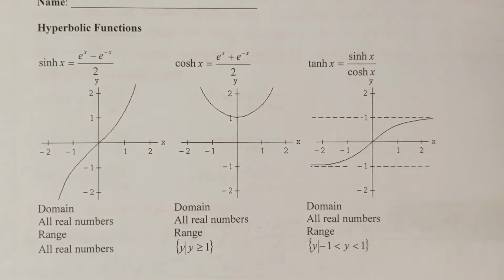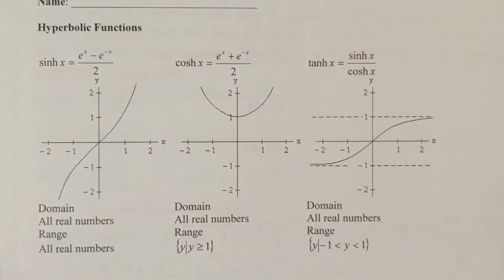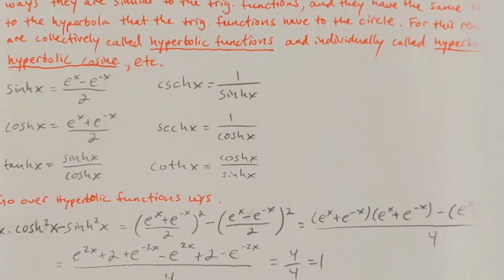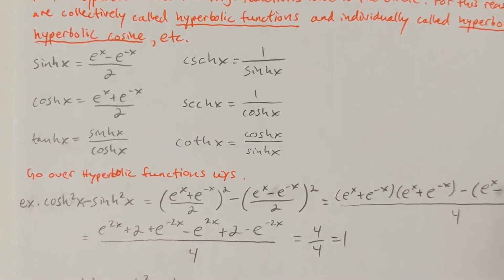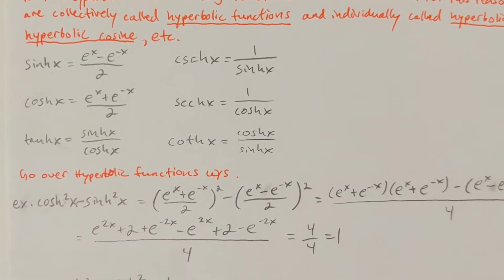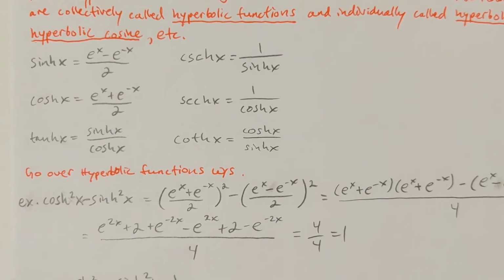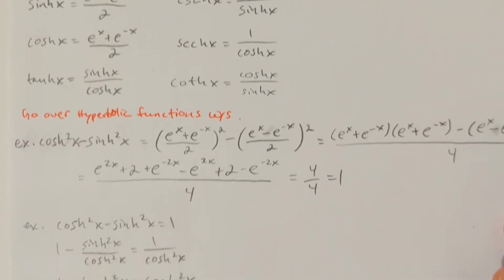Now, make sure that you know how we define hyperbolic sine x and hyperbolic cosine x and hyperbolic tangent x. The other 3 are the reciprocals, right? So just like with the trig functions, we're doing stuff with reciprocals and quotient identities here, and because those will come up here and there, right?